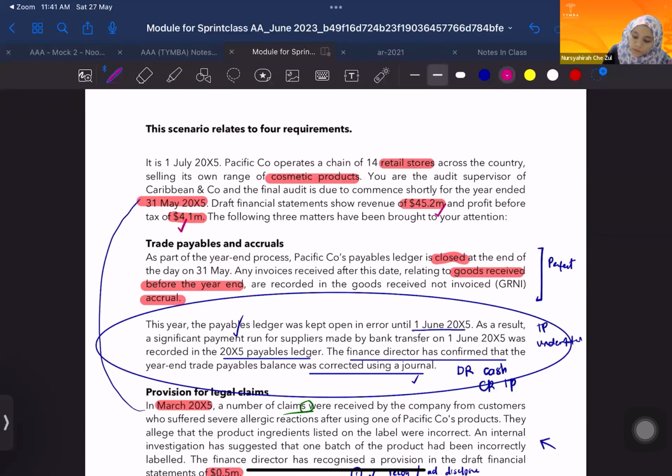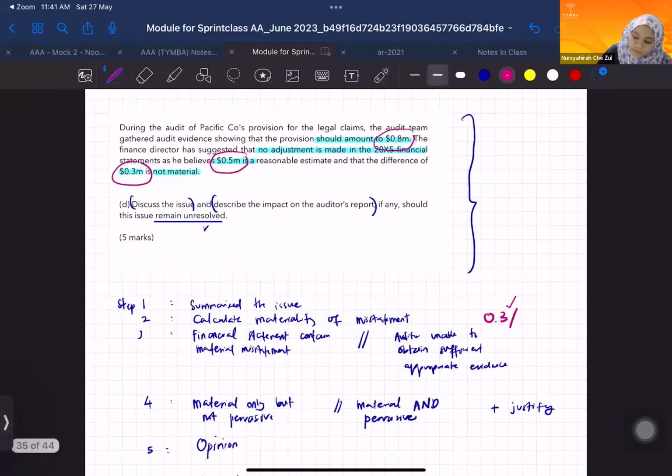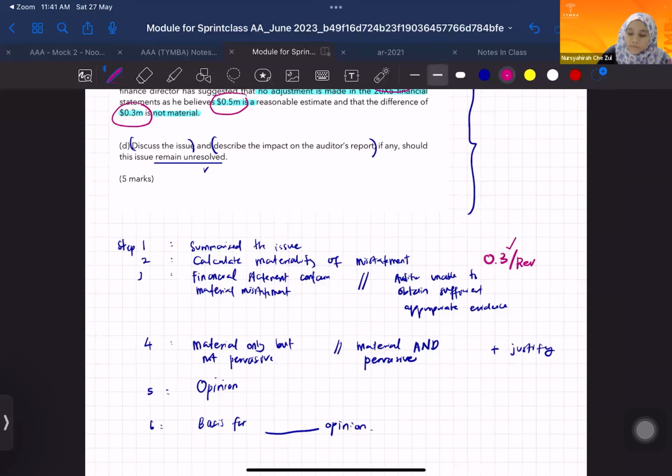So 0.3 divided by PBT, and of course times 100, percent. After that you are going to compare with the threshold. When you compare with revenue, if you get more than 0.5%, then it is material.